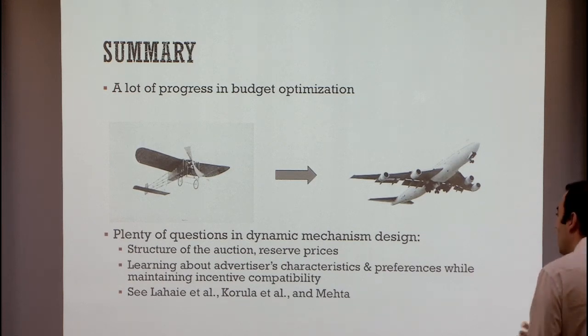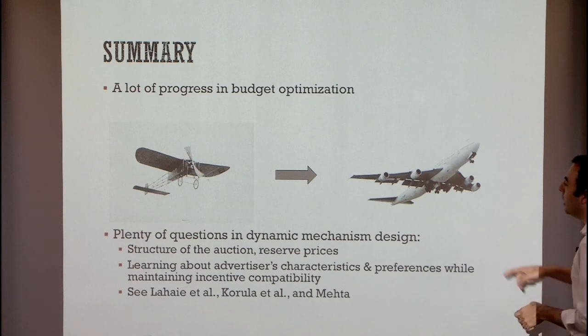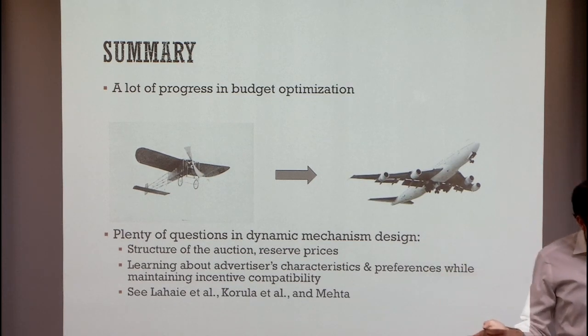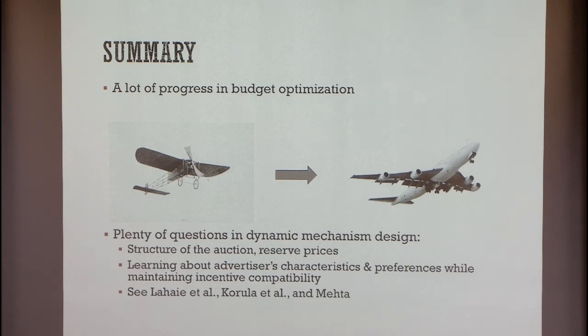The more interesting questions are in dynamic mechanism design. After 15 years, now is a good time to take a look at the structure of the auctions and see whether we want to continue the generalized second price auctions, whether we actually want to run auctions for advertising, or given how much information the sellers now have about the goods they sell, the ad opportunities, maybe they want to move to a fixed price scheme.